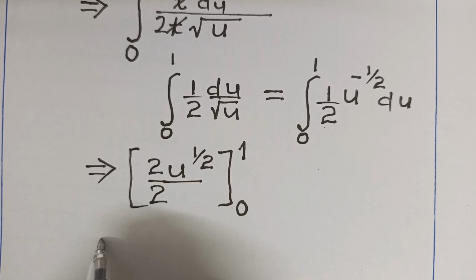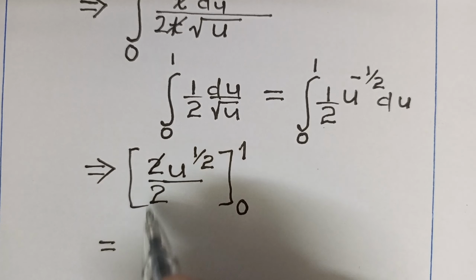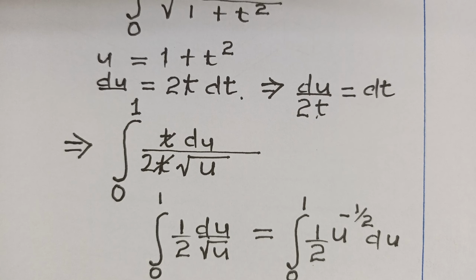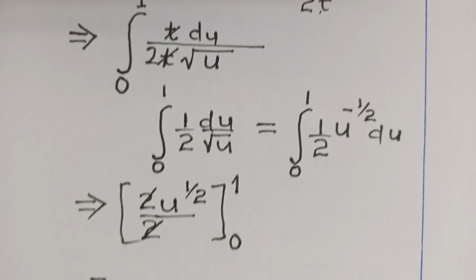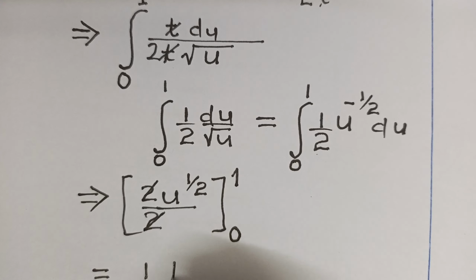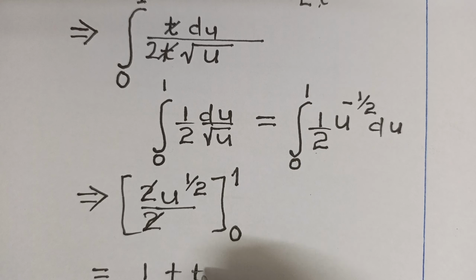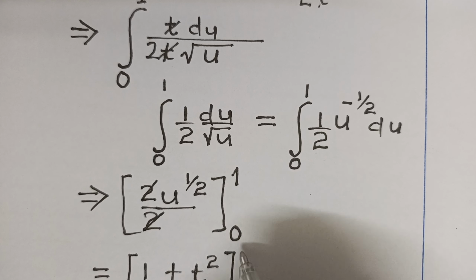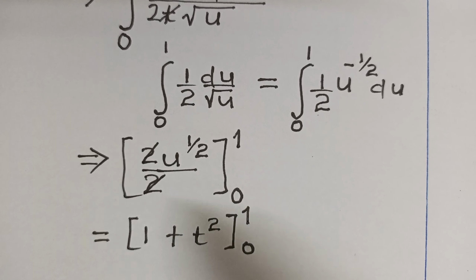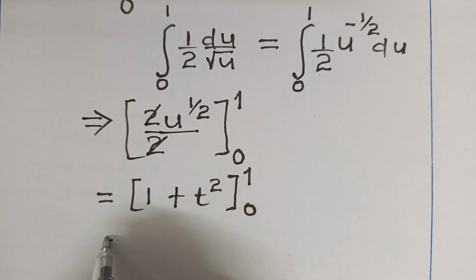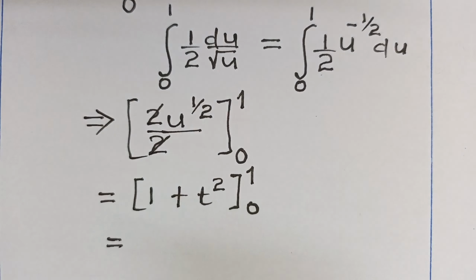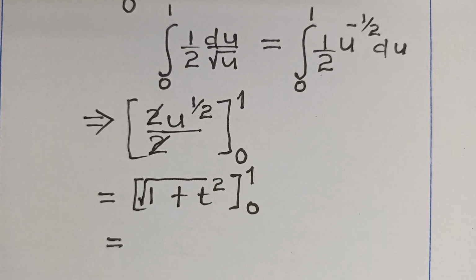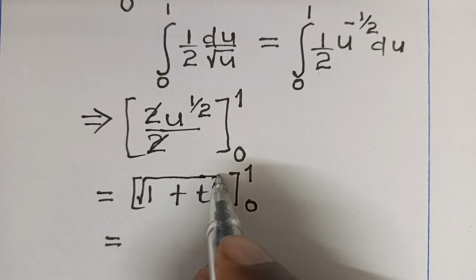Then we are left with u, of which u was 1 plus t squared, square root, from 0 to 1.